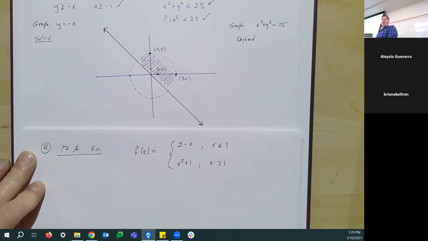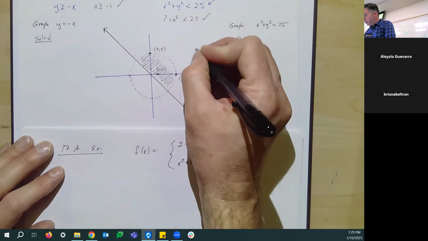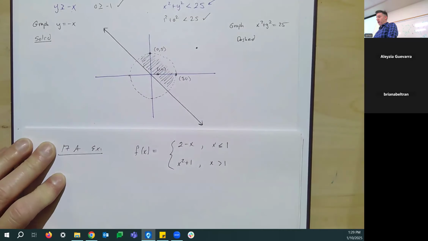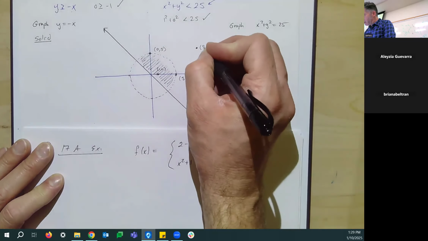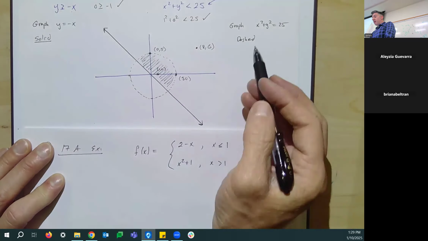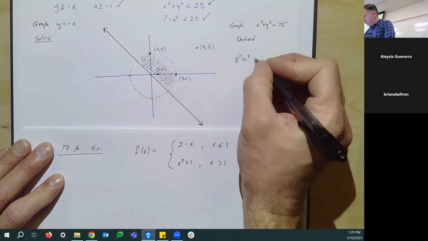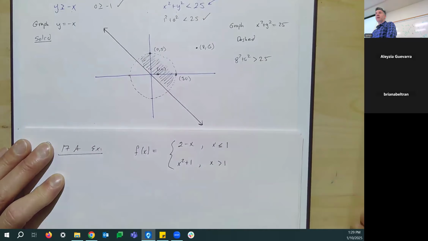I could have tested points in all 4 distinct regions. So if I pick a point out here, go big, so you know it's not included, say 8, comma 6. It's clearly not going to meet this criteria, right? 8 squared plus 6 squared is definitely bigger than 25.